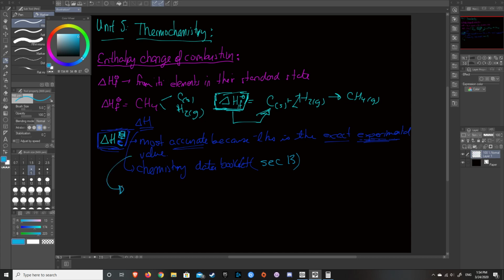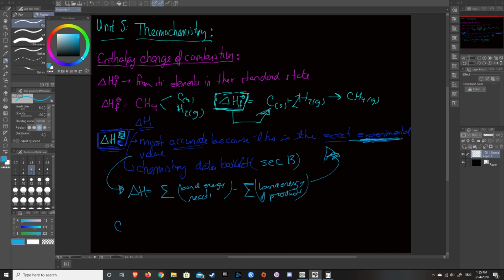If we did, we can do the calculation like we used to do. We can calculate delta H equals the sum of the bond energy of reactants minus the sum of the bond energy of products. But this is less accurate than this. This is experimental, the real value that the scientists calculated, and this is the theoretical.